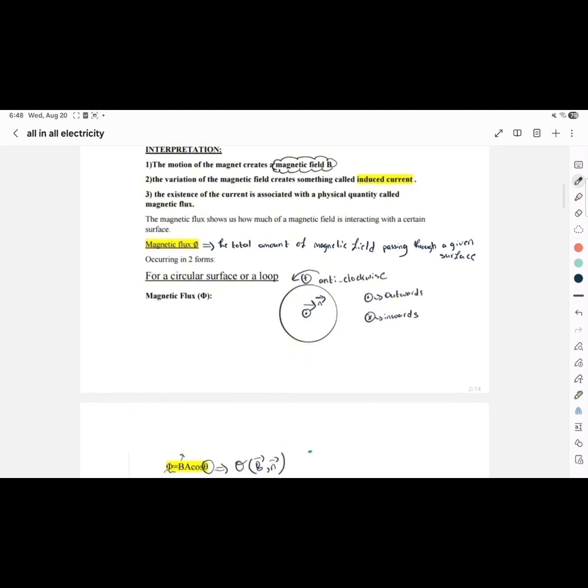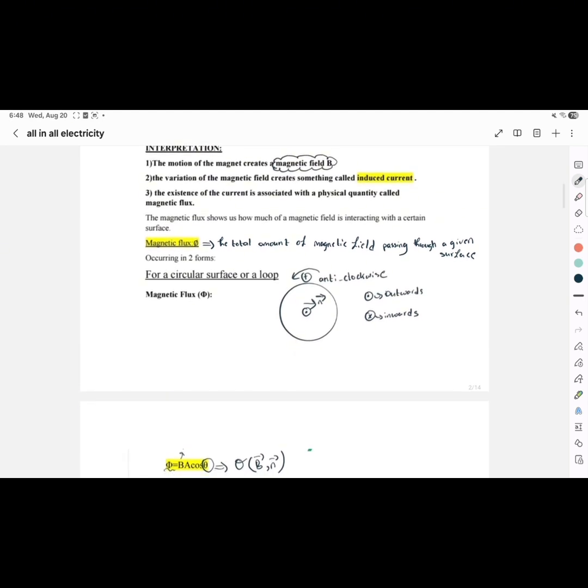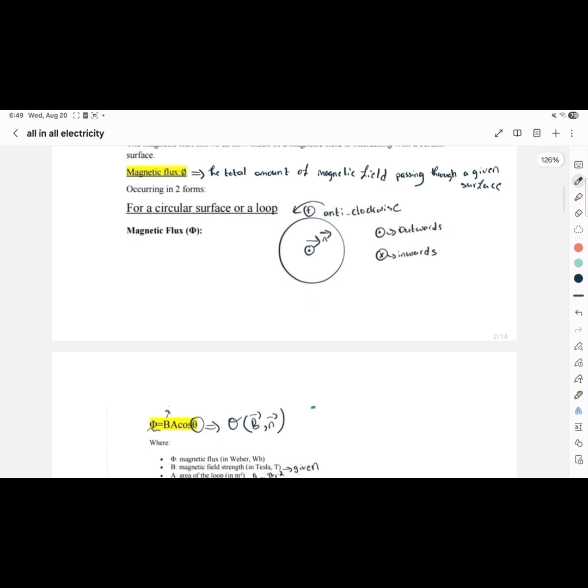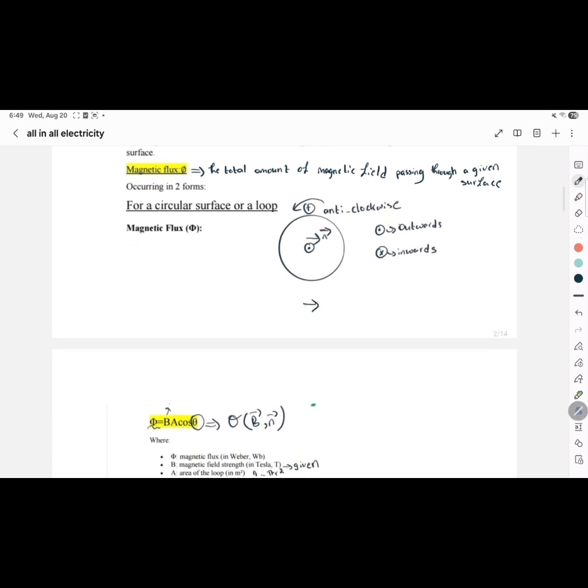So first of all, if it was in a circular loop, we have a normal vector, okay? This normal vector, of course, is always perpendicular.